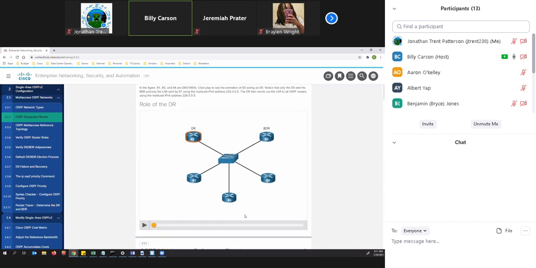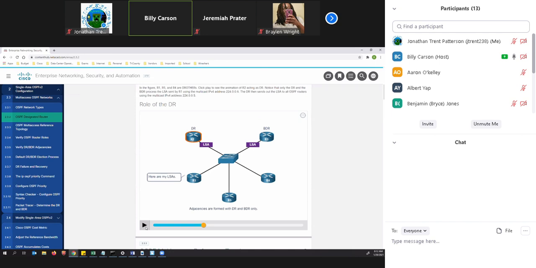So that's what this is showing here. So check this out. It's real quick. So here's my LSA. Remember those LSAs, it sends and it receives that. That's what is being sent and received to let the other routers know what's going on. It goes out, and notice it went to just the DR and the BDR.